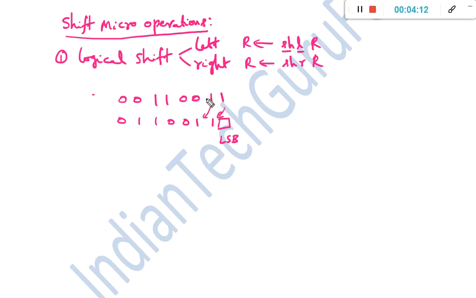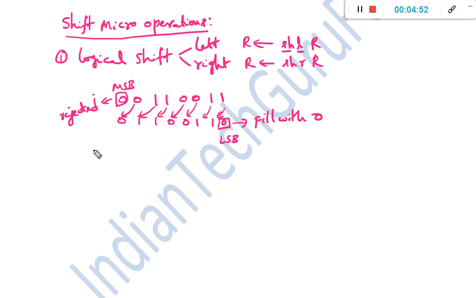What about the leftmost 0? We moved the other bits one place, but this 0 is rejected. Whatever value is in the MSB location is rejected, and the least significant bit is filled with the value 0. Like this we perform the logical left shift operation.